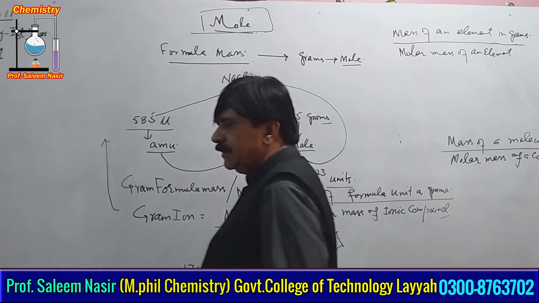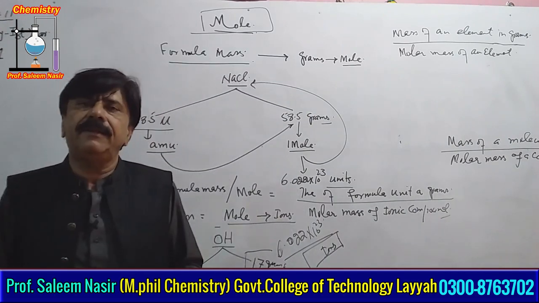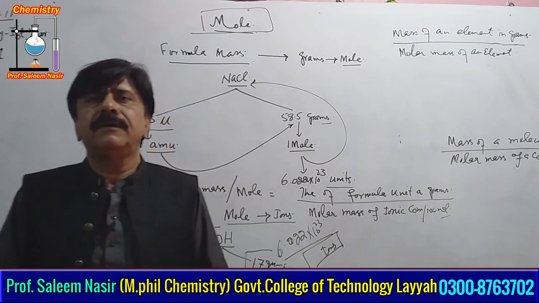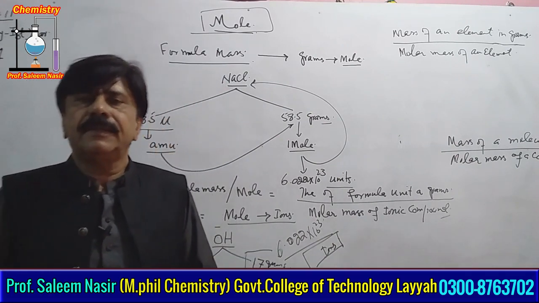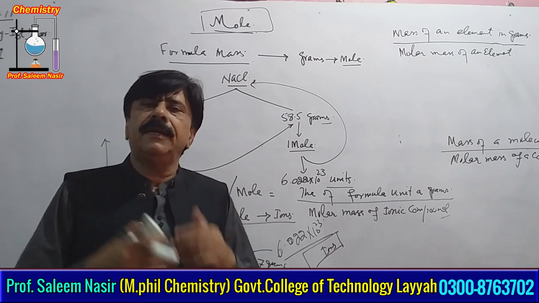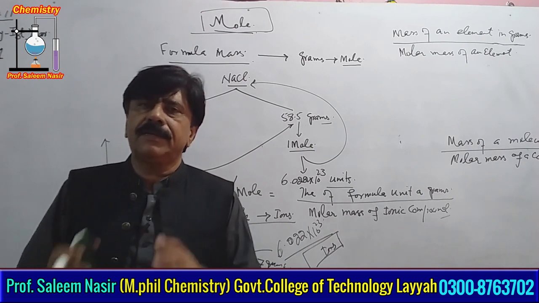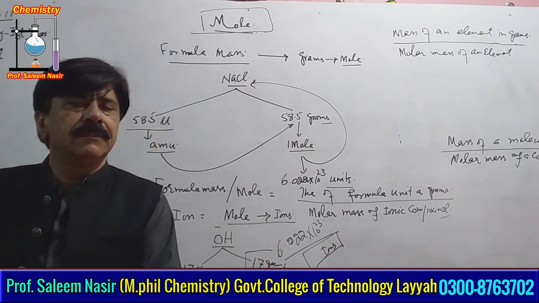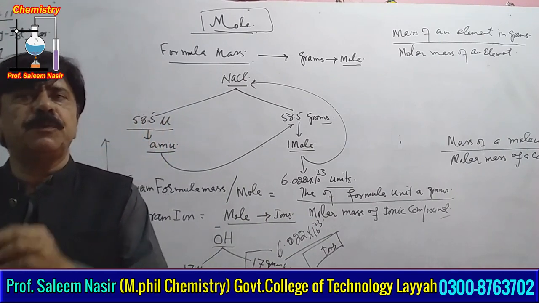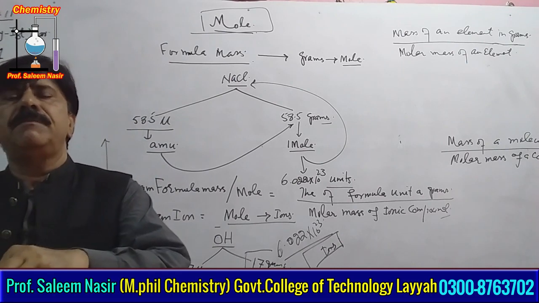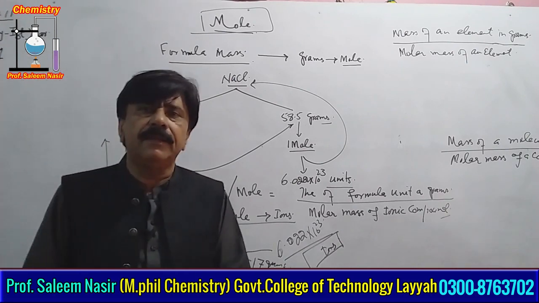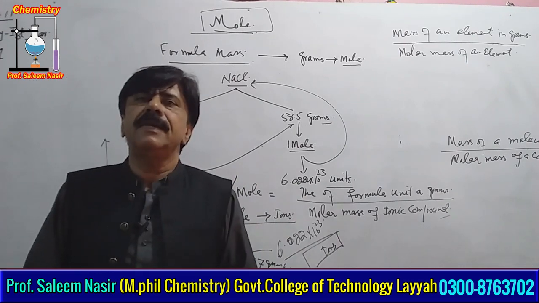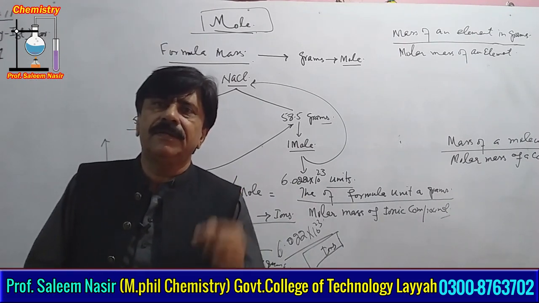So, students, as I have mentioned, the collection of the ions, collection of the molecules, collection of the formula units, collection of the apples, collection of the stars, up to 6.02 multiplied by 10 raised to power 23 is termed the mole, and that is the secret unit of the chemist.